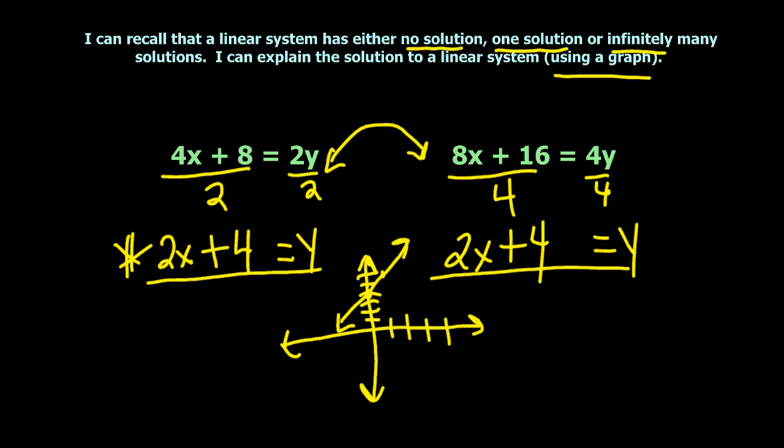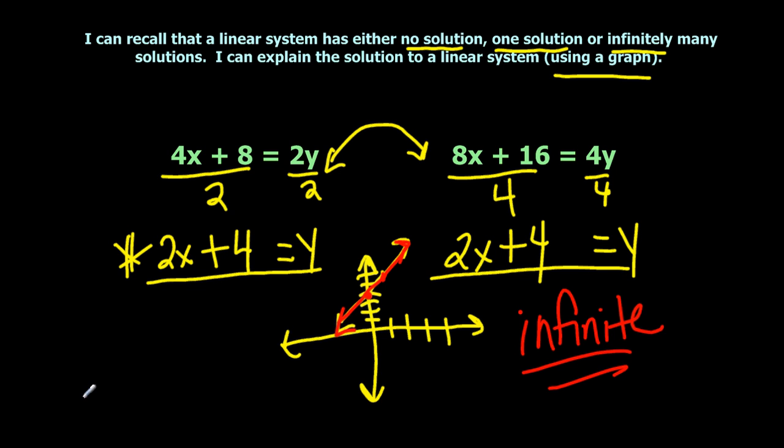And then I could do the same thing here if I graph this line. Oh, look at it. It's a y-intercept of 4. Rise 2, run 1. Oh my, look at that. It's going to be exactly the same line. When I do that and I get two equations that have exactly the same graph, it means that they have an infinite number of solutions because all of the points are the same. So an infinite number of solutions.